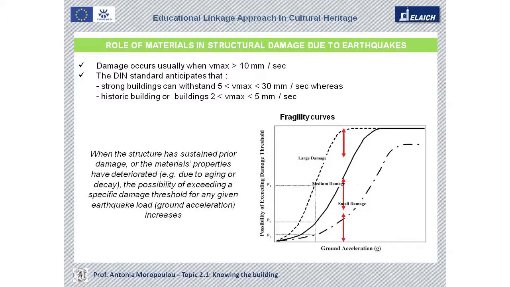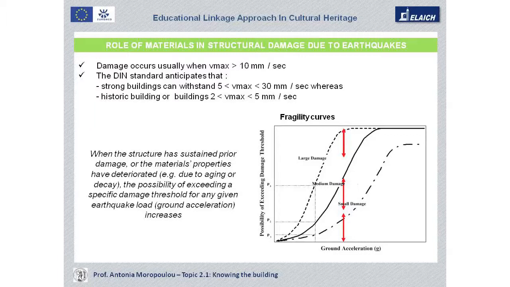As we can observe in the fragility curves, when a structure has sustained prior damage or the material properties have deteriorated due to aging or decay, it is possible to exceed a specific damage threshold for any given ground acceleration and to have an increased possibility of damage.